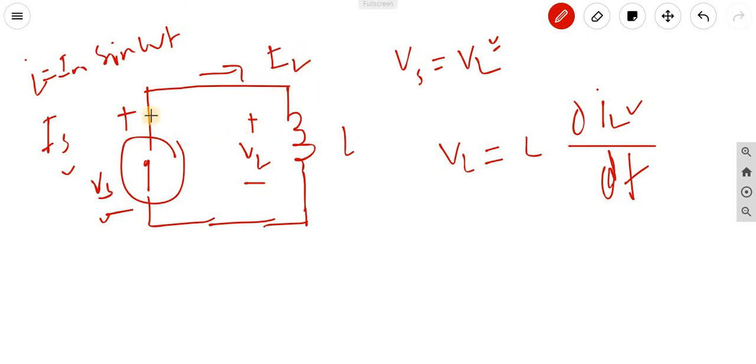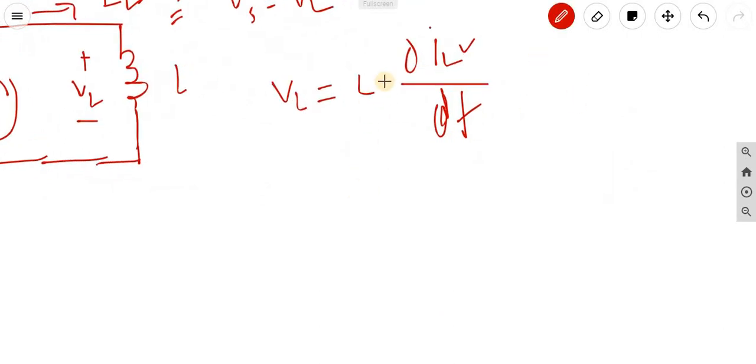The current through the inductor is nothing but the current the source is drawing, so Is equals IL. If Is equals Im sin omega t, the instantaneous current, what would be the voltage? L is the inductance value.